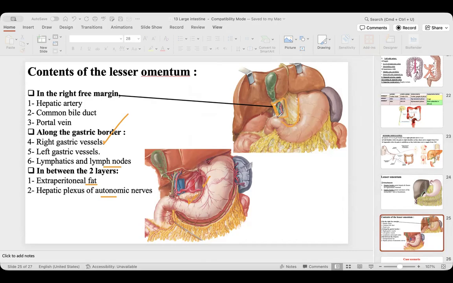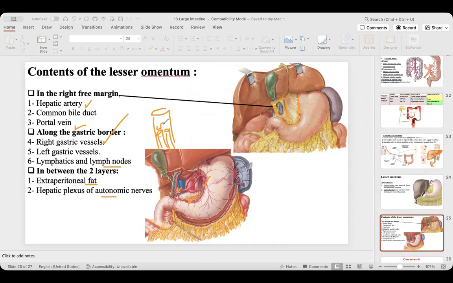It is also called the right free border of the lesser omentum. What does it contain? Three important structures. A vein which is posterior, the portal vein, and in front of the portal vein you will find two important items: the hepatic artery and the common bile duct.